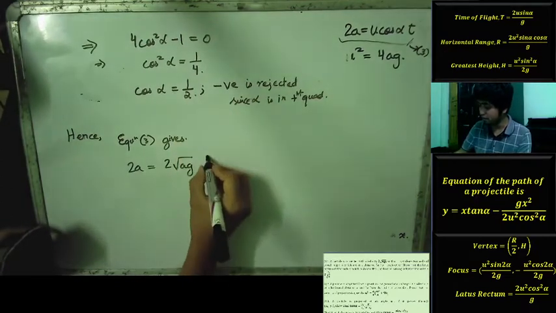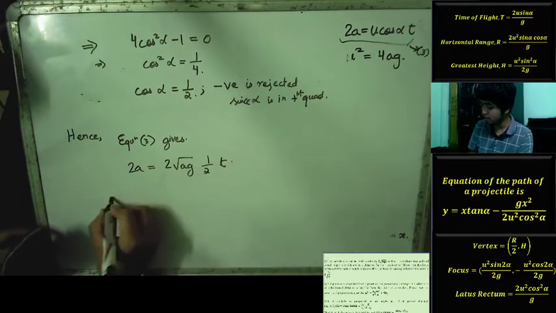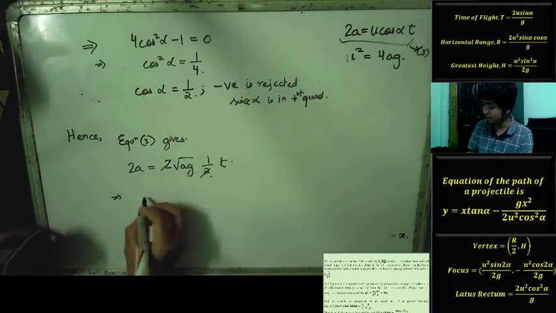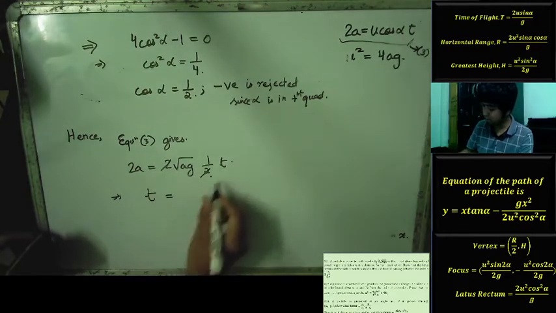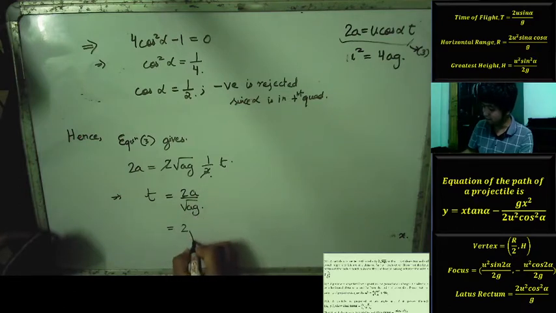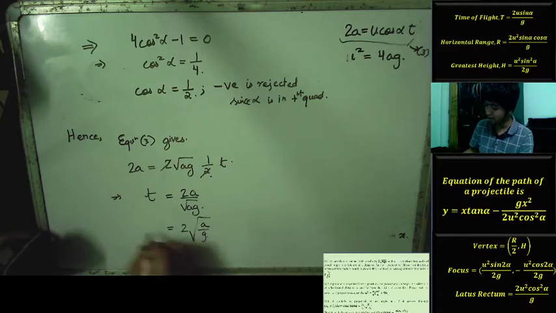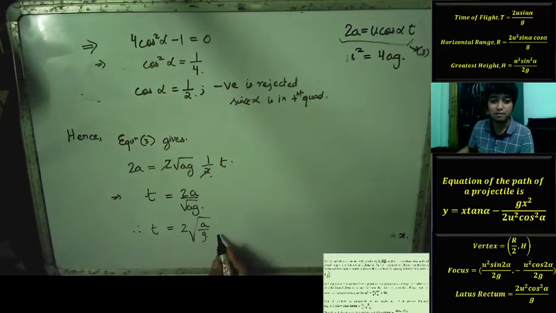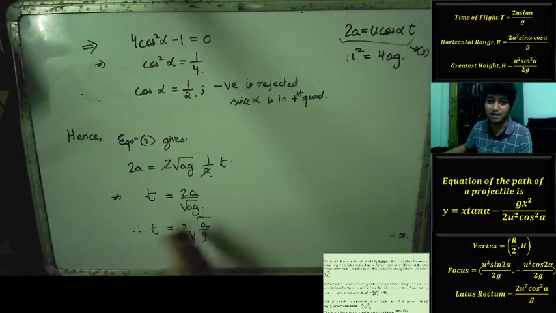Cos alpha is equal to 1 by 2, so this is what we are having. 2 and 2 will get cancelled. So 2t will be equal to 2a by root ag, which you can write as 2 root over a by g. So this is how we got the time. The time of passing between the two walls is equal to 2 root over a by g.